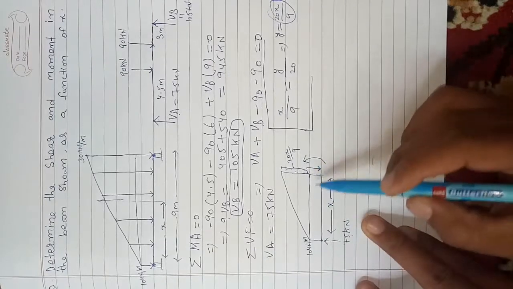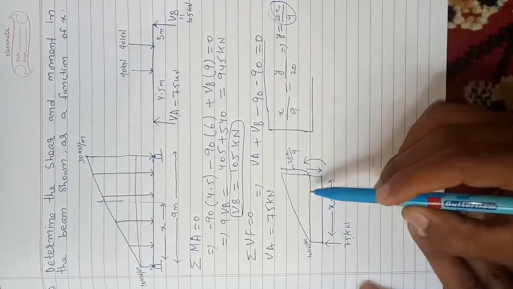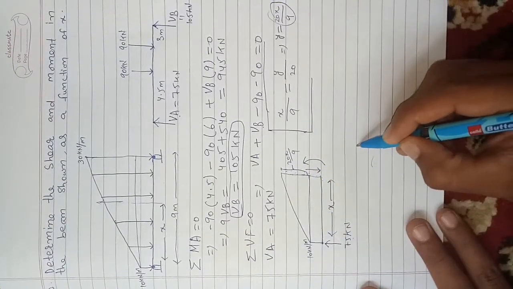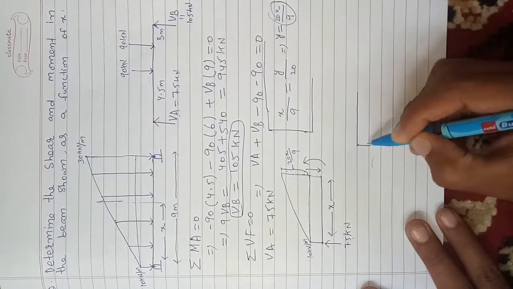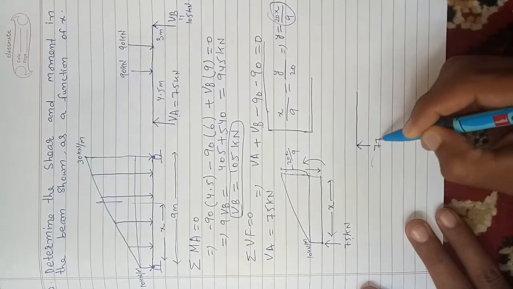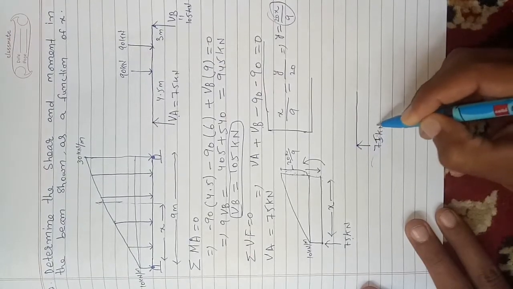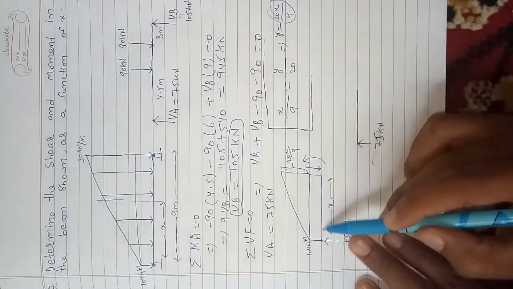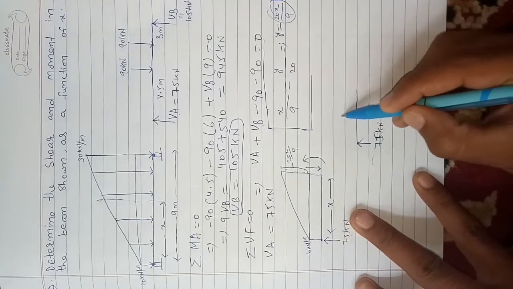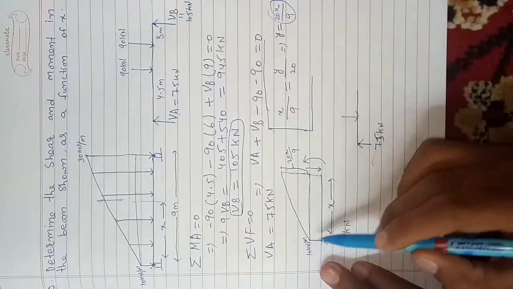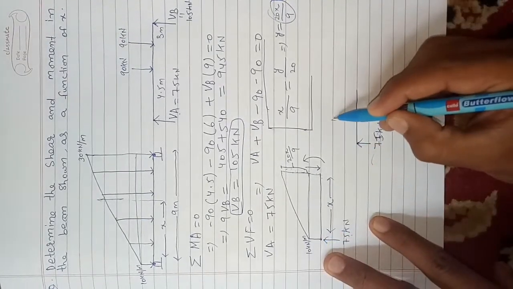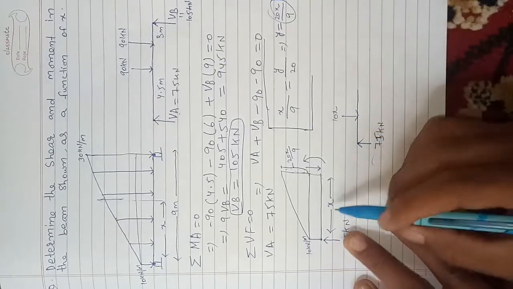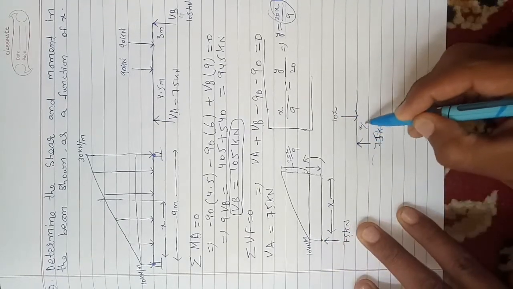Now we will first draw the free body diagram for this section. I will write here 75 kilonewton, and this is a rectangular load, so I will write a point load in place of this, that will be 10 into x, that is 10x, and this distance will be x by 2.